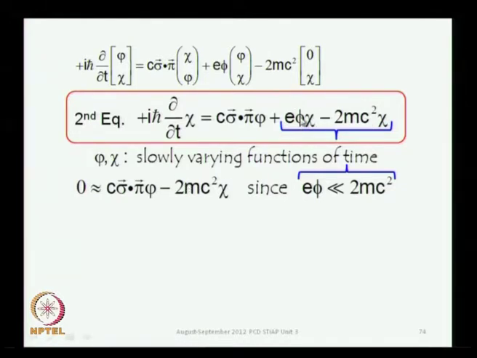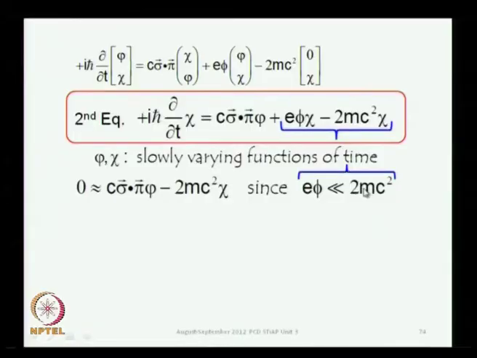I have ignored this term, and now I begin to make approximations, and it looks like a reasonable approximation to do, because the energies we are talking about are mc square or twice mc square, which is even more. So, you can throw off E phi compared to this, and now you have got on the left hand side the time derivative of chi, but chi is only mildly time dependent, which is to say that it is mostly time independent, and therefore, its derivative can be considered to be very nearly 0.